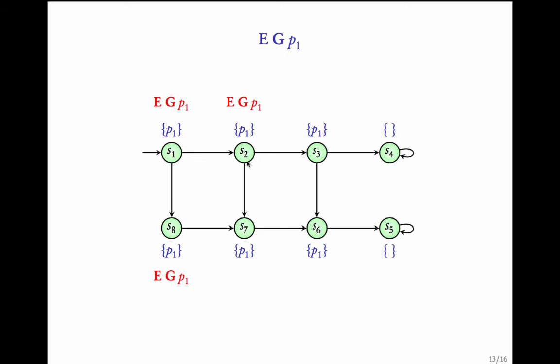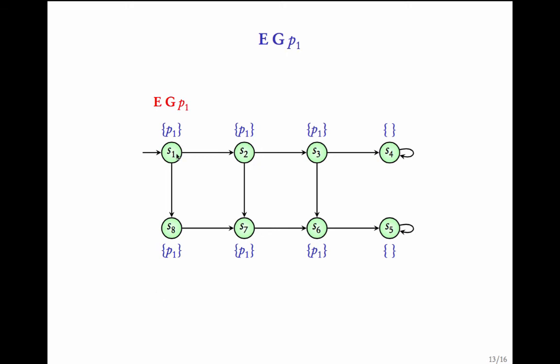Look at the predecessors of S7 now, S2 and S8. Look at S2. All transitions out of S2 go to a state where EGP1 is not present, so you should remove it from this state. Similarly for S8, all transitions out of it lead to a state where EGP1 is not labeled, so we removed it from here.